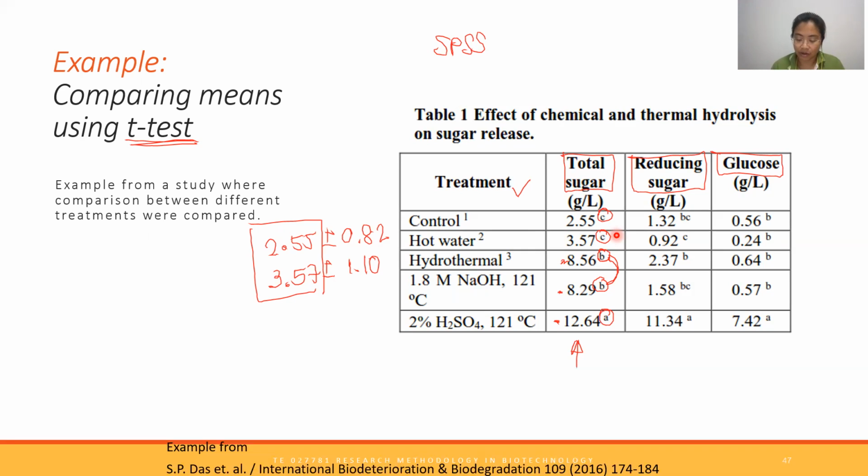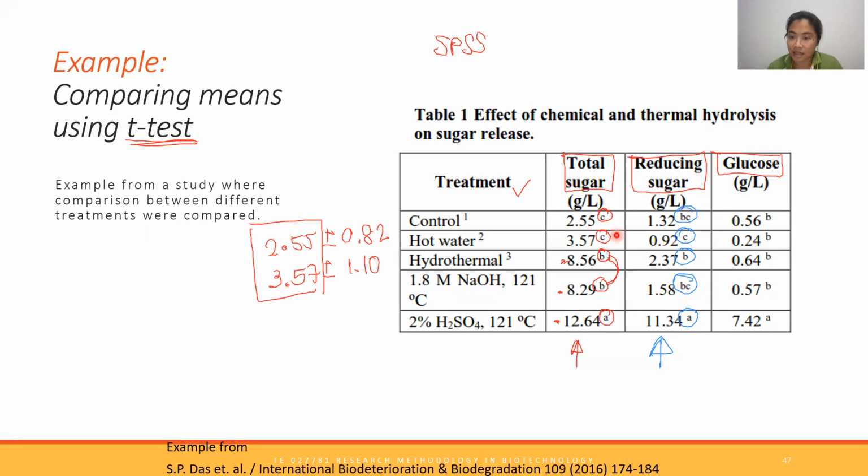You can have a more complex thing like this case here, where you have BC and C and B and BC and A. So that's how it goes with comparing the means.